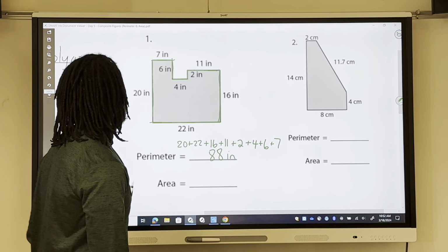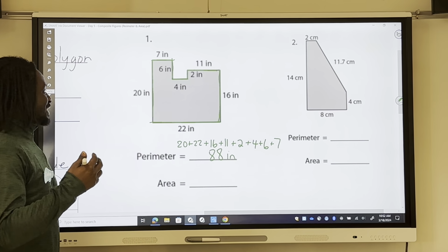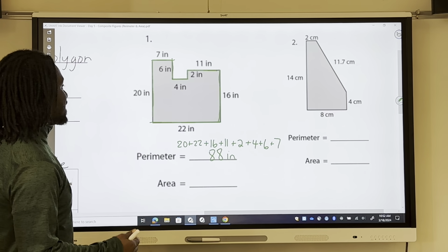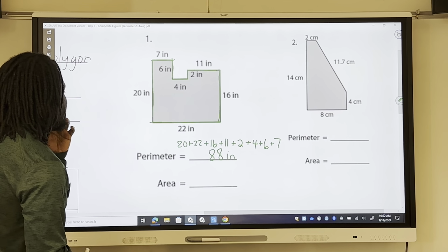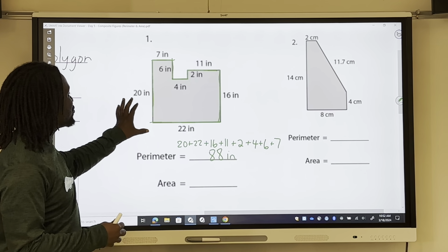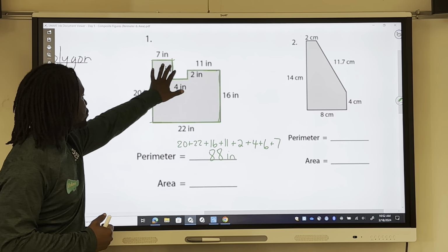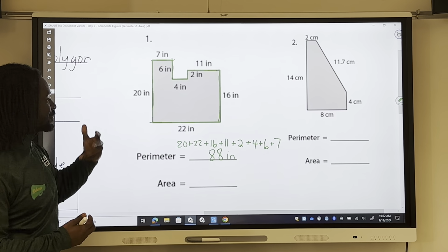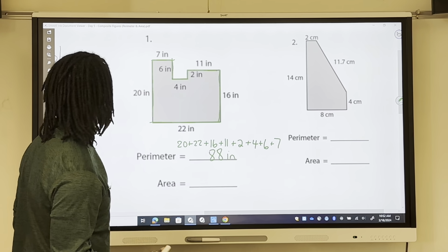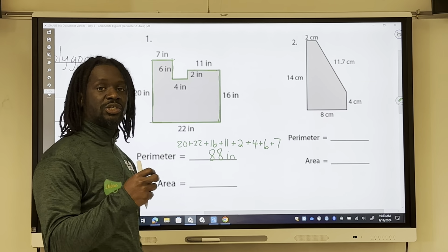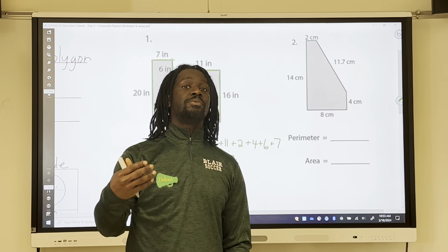All right, to find the area. Step 1 is we have to divide this shape into shapes that we know, right? So we don't have a formula for this type of shape, but what we do have a formula for is rectangles, okay? Now listen, I'm going to show you the way I would do it. Here's the beauty about this.